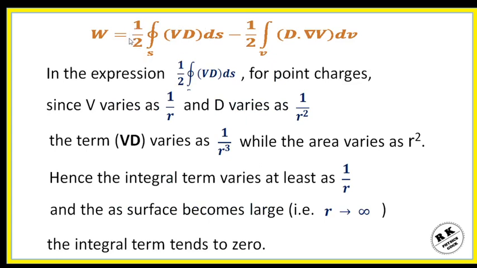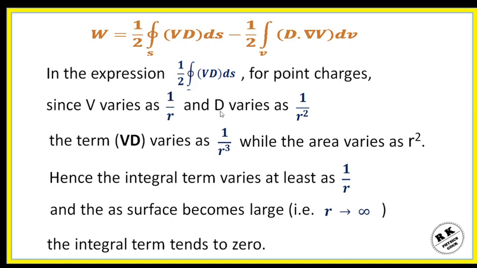Now this entire slide is upon this first term. In the case of point charges, we know that the potential is 1 by 4 pi epsilon naught times q by r for each charge, so it varies inversely proportional to r.